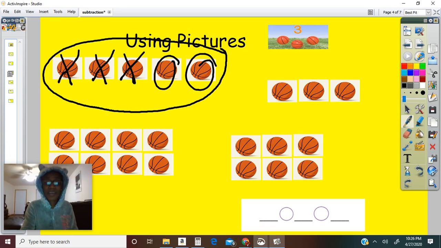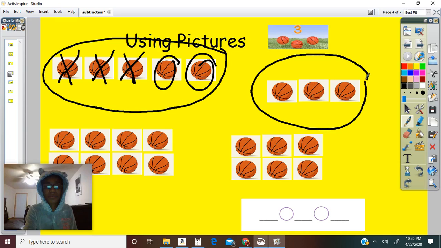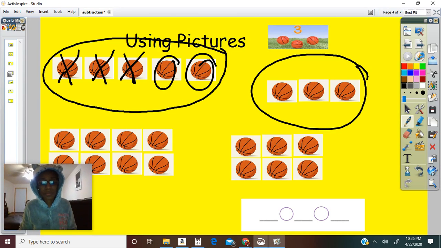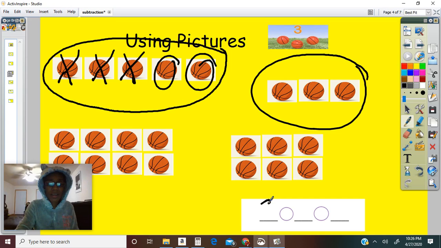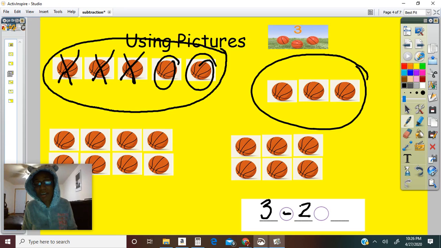Here we have 3 basketballs. Let's try taking away 2. If I start out with 3, how many am I going to take away again? You got it. 2. 1, 2.